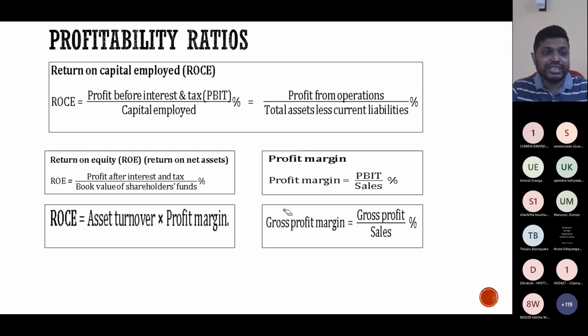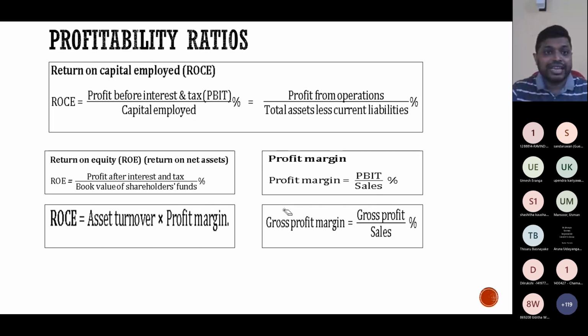Profitability ratios, especially, you can look at return on capital employed or return on equity. You can calculate return on capital employed, both equity and debt. Then NP margin, GP margin, asset turnover, sorry, return on capital as asset turnover into profit margin.